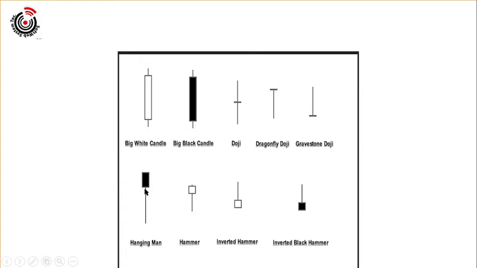When the buyers came in and pushed the candle, they were unable to push above the open. Assuming that buyers had successfully pushed above the open, then they would have taken over the market successfully.